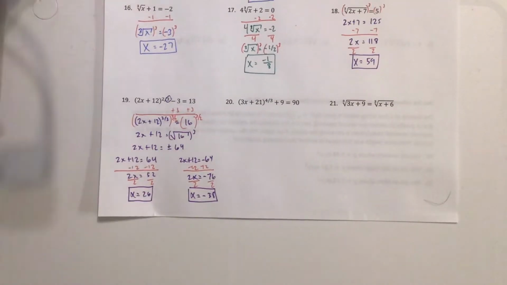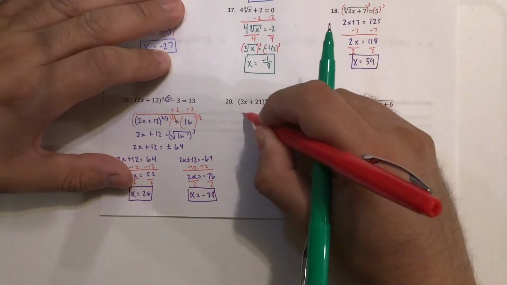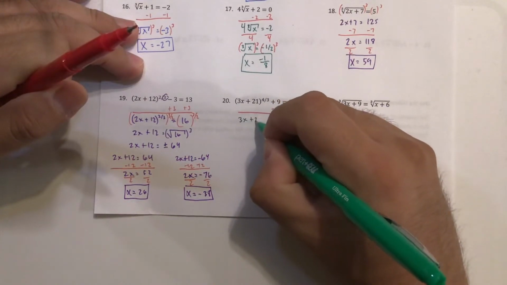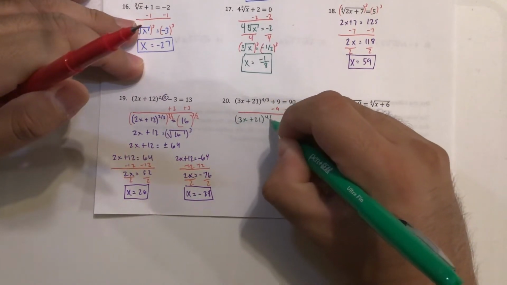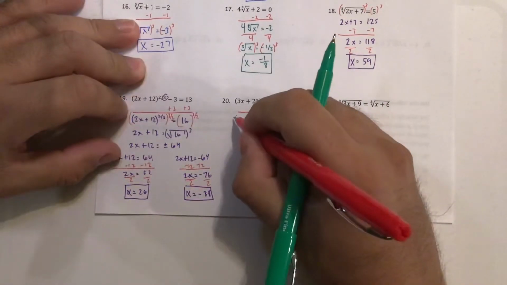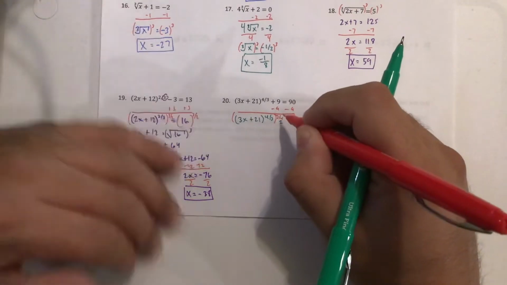All right, on to the next one. So for this one, first thing we'll do is subtract 9 from both sides. So we have 3x plus 21 raised to the 4/3 power is equal to 81. We're going to raise it to the reciprocal, which 4/3 becomes 3/4.